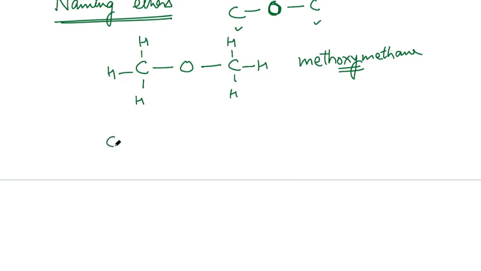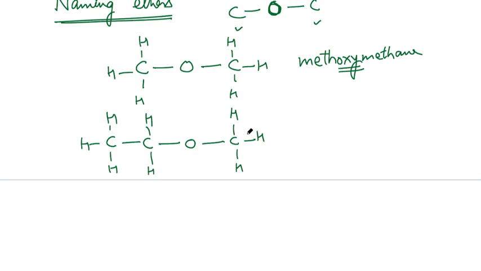Suppose it is one carbon on this side and two carbon on the right hand side. In this case, we'll add oxy to the smaller chain. This is one carbon, this is a two carbon chain. So we will add the name oxy with this carbon chain. It will become methoxyethane. Methoxyethane.